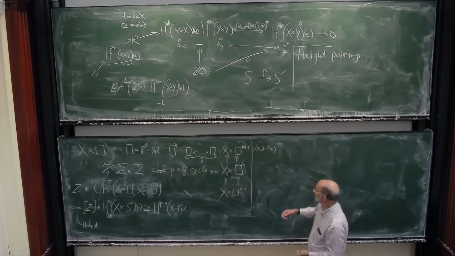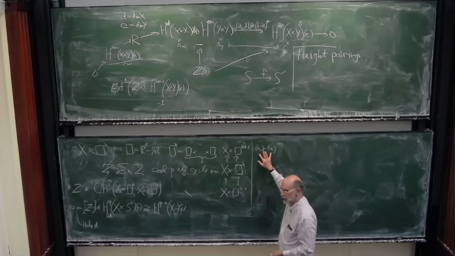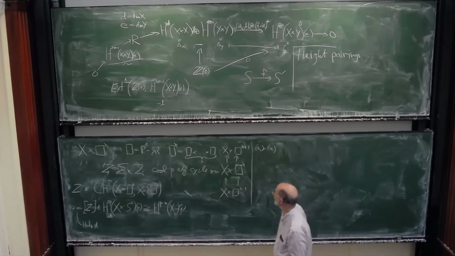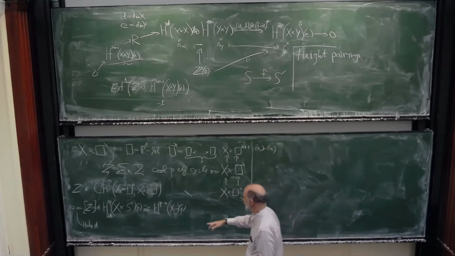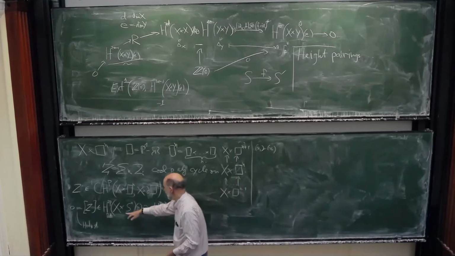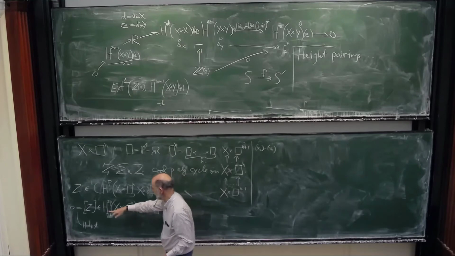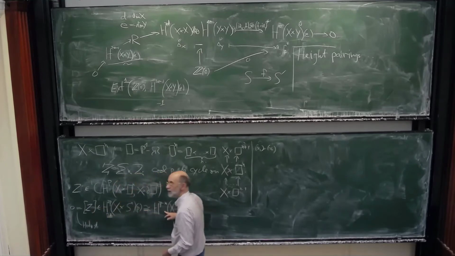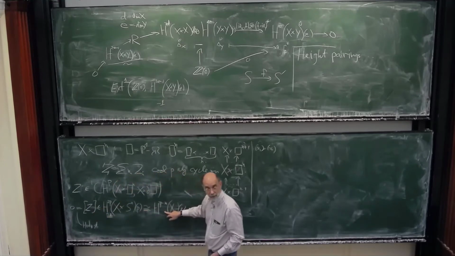right? Because that enabled us to define a class in the Jacobian, which was much more interesting than homology in this case anyway. So similarly here, for such a Z, we can define a class in an appropriate Jacobian.